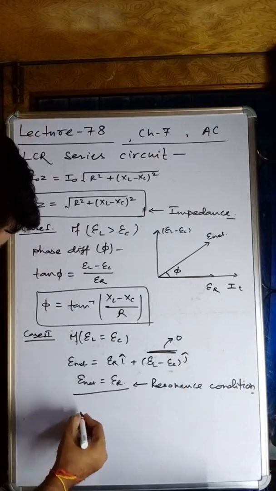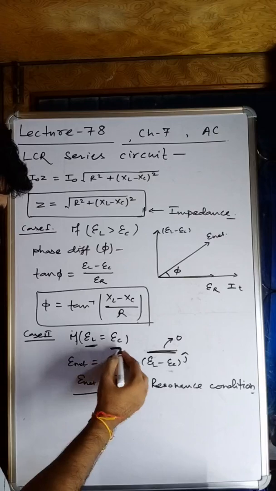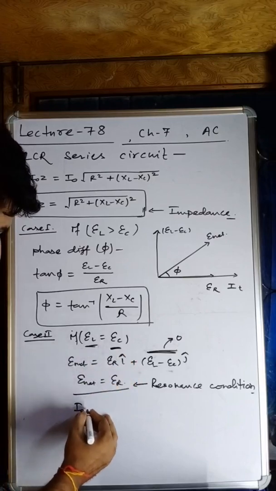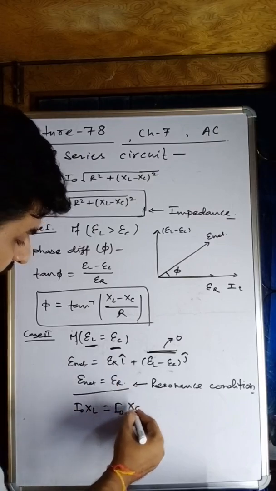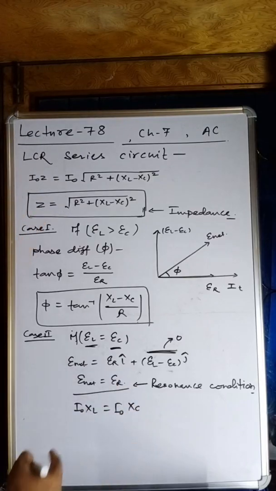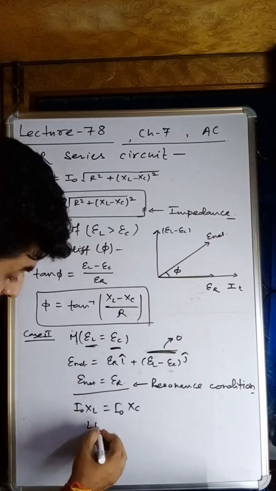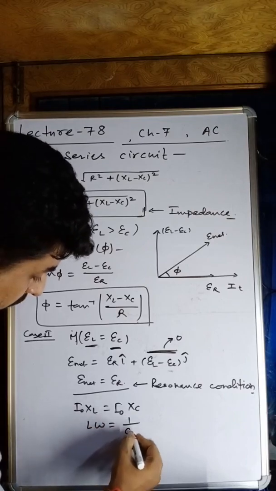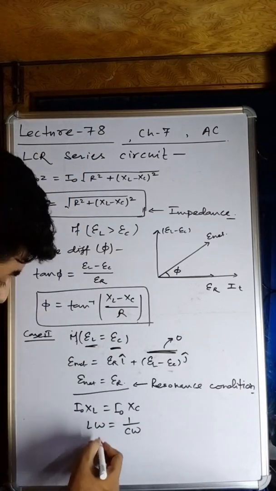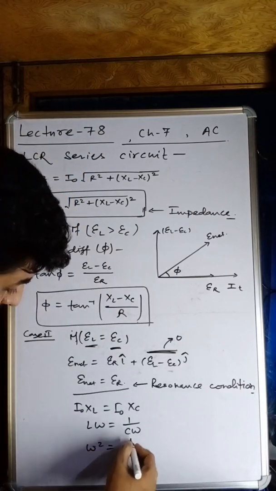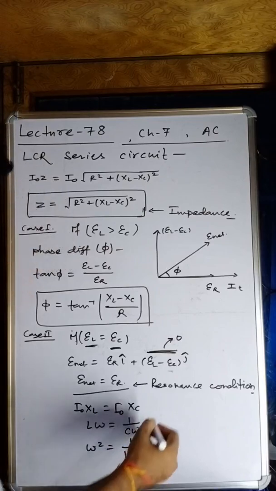Look at here. If EL equals EC, it means I naught XL equals I naught XC. Am I right? Yes. I naught cancels out. It means L omega equals 1 by C omega. And one thing which is important, look at here: omega square can be written as 1 by LC.